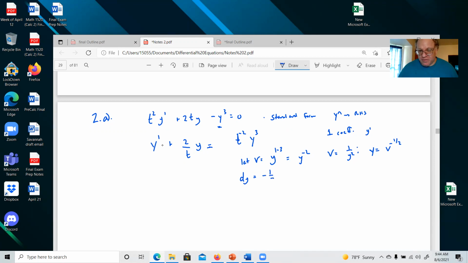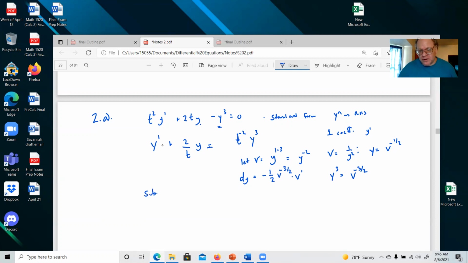So it's going to be negative 1/2 v to the negative 3/2, chain rule, times v tick. And because I've got a y cubed here, I might want to know what y cubed is, and that's v to the negative 3/2. So I think I've got y, so we have that substitution covered. We've got y cubed covered, and we have our dy covered.